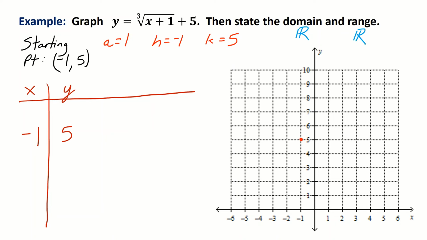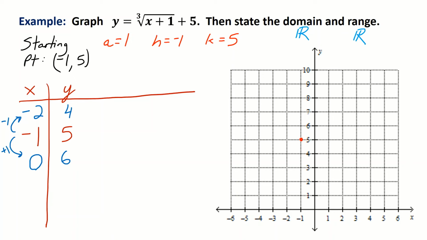So negative 1 plus 1 is 0, and the other direction is negative 2. Okay, substitute those values and see what you get. You get 4 and 6.